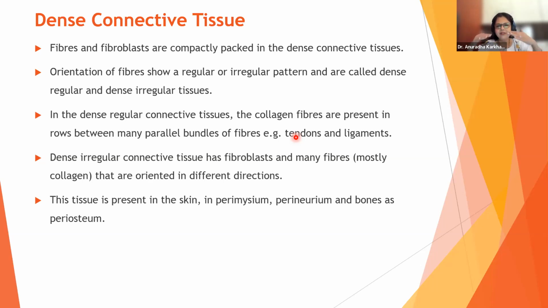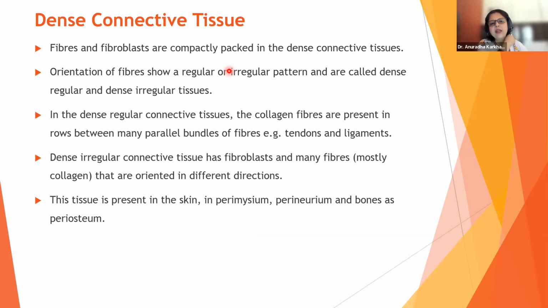If the fibers are arranged in a very regular pattern, we call it dense regular tissue. And if the fibers are not organized in a proper way, we call it dense irregular tissue. But it is dense. Why is it dense? Because the fibroblasts and fibers are compactly packed. Their compaction is perfect.